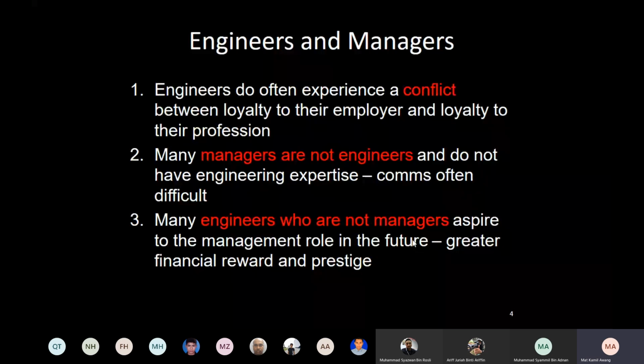Many managers are not engineers and do not have engineering expertise, so communication is often difficult. You, as an engineer, are trying to explain to a manager who is not from an engineering background.